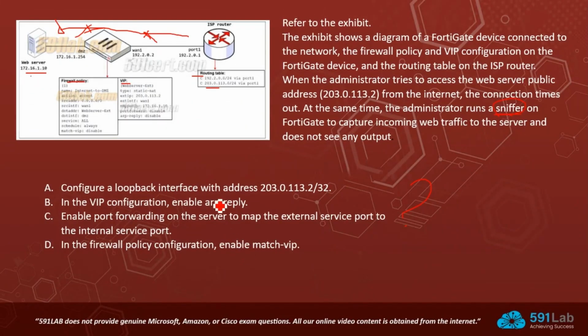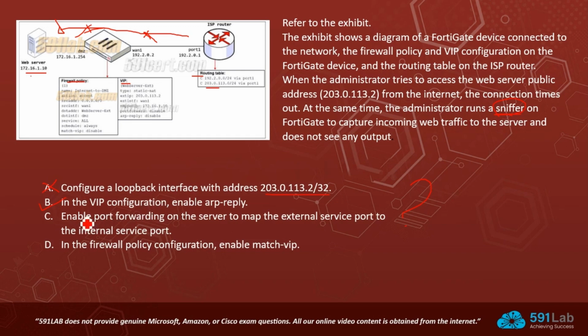Answer A, configure a loopback interface with the IP address 203.0.113.2/32. This is not a relevant answer. This one is incorrect. Answer B, in the VIP configuration enable ARP reply. Yes, this one we can select as the correct answer at the moment, because we saw how to enable ARP reply and showed the output.